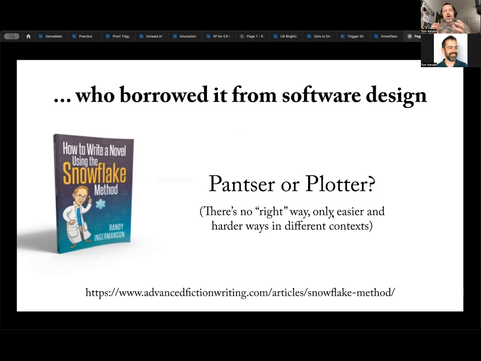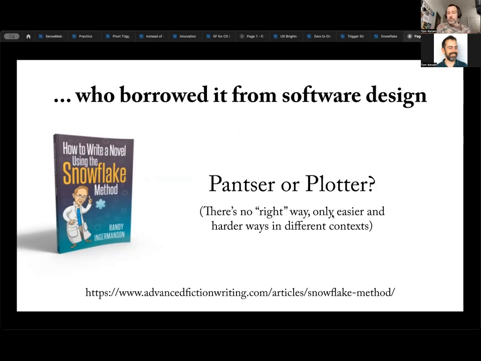On the flip side, there's the plotter. The plotter is someone who plans out the plot and puts all the puzzle pieces together in bullet point form first. So they know where their characters need to get to. They understand the arc of the structure of the narrative, and they have certain beats they want to hit. That can really work for a page turner type thing because you know all the puzzle pieces you want to put in place.